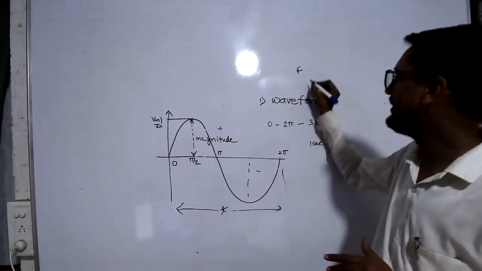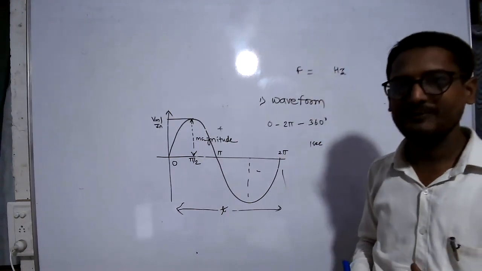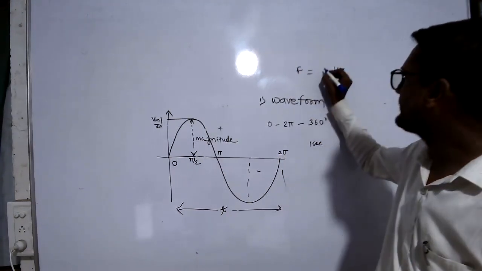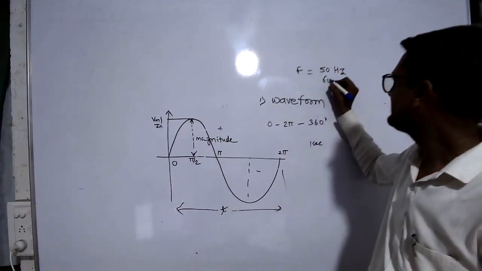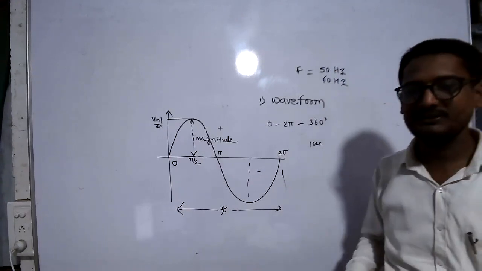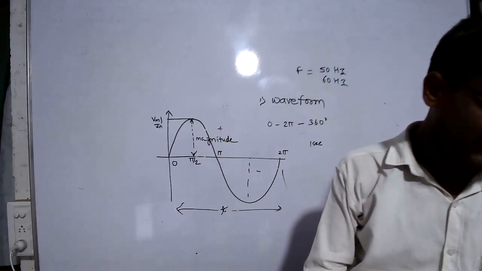Frequency is denoted by F and is always measured in hertz. Indian standard frequency is 50 hertz, whereas US standard frequency is 60 hertz.